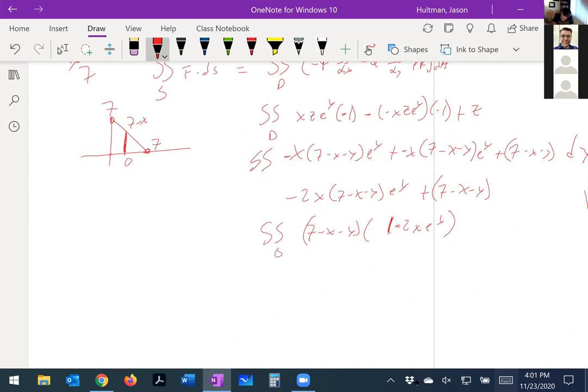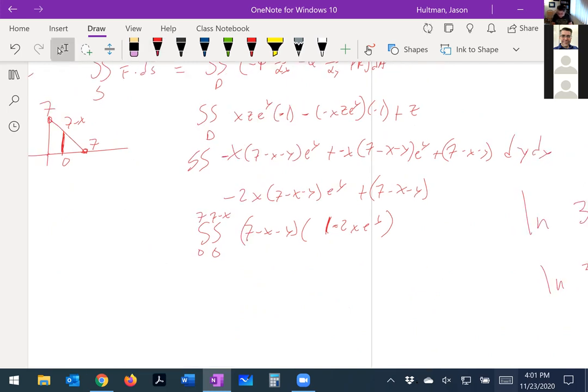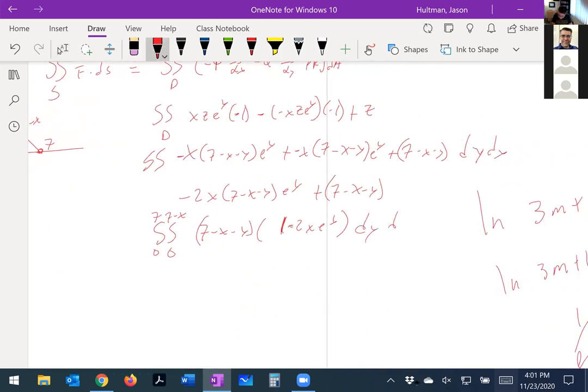I'm not going to go through the whole integration of this thing, but it gets kind of hairy, dy dx. That's how you set that one up.